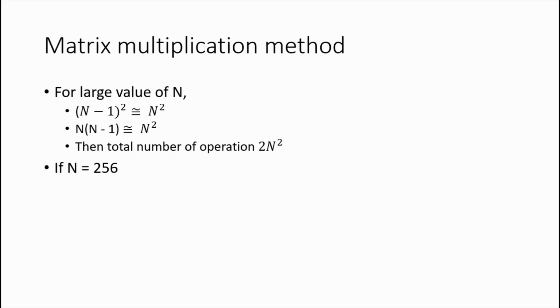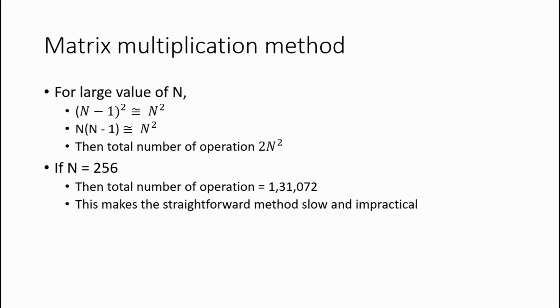If we take a 256 point DFT, then the total number of operations is about 1 lakh, just like 1,31,072. This makes this method slow and impractical, even for moderately long sequences.